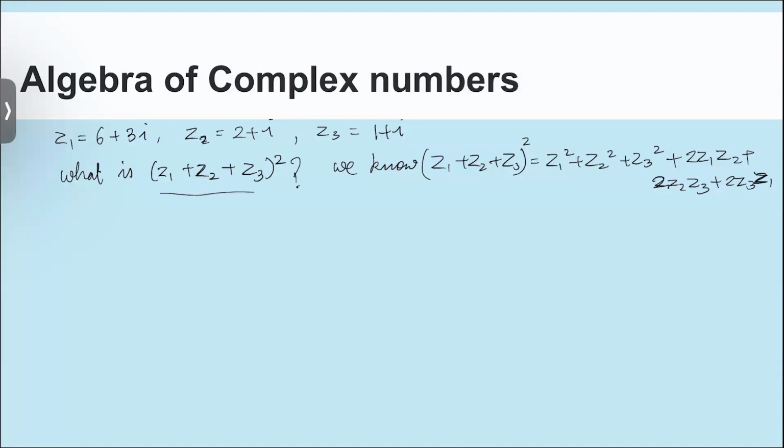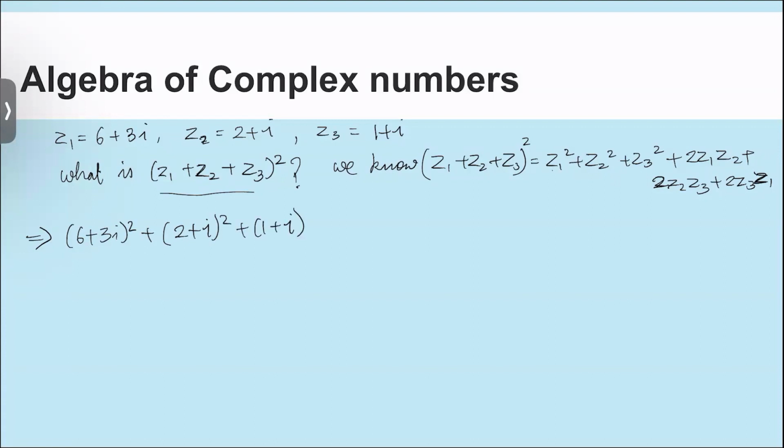Okay, so z1 squared, so what you have is (6 plus 3i) squared. You have z2 squared, so that is (2 plus i) squared. Then you have z3 squared, so (1 plus i) squared.